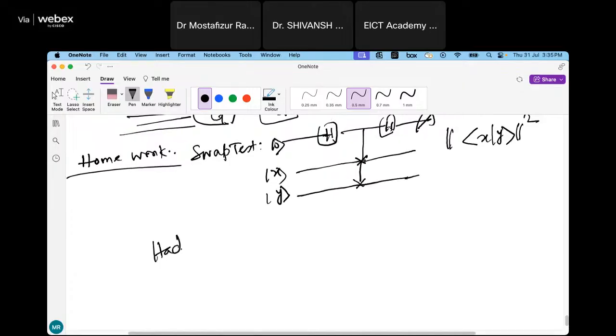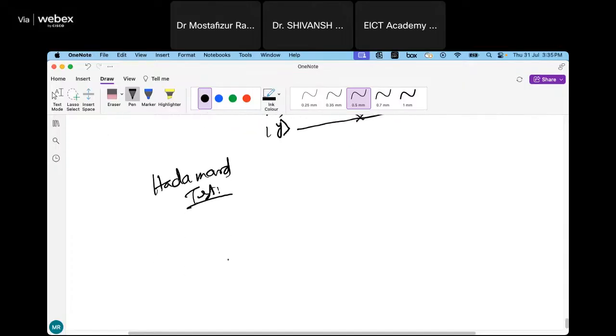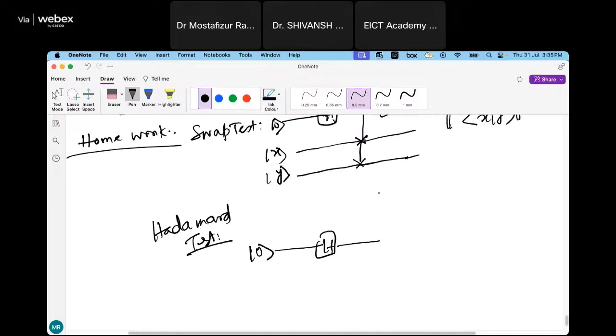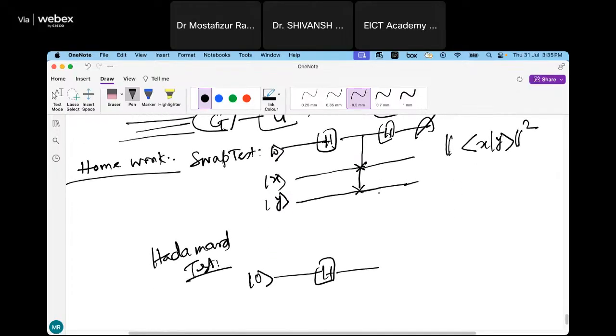Another is the Hadamard test. These two tests are very, very important. Suppose this is just the 0 state. I apply a Hadamard here. Those who could not draw, just draw this again, and a Hadamard here, do the measurement. Take an operator A as a control operator, and check whether you are getting some state. If this is an X state, what is the output?